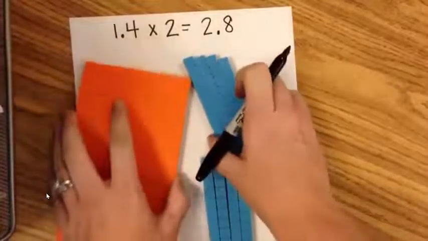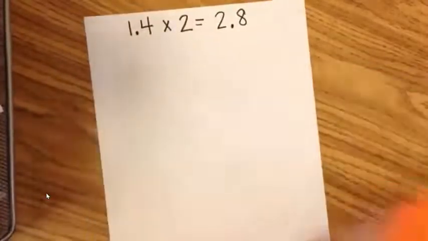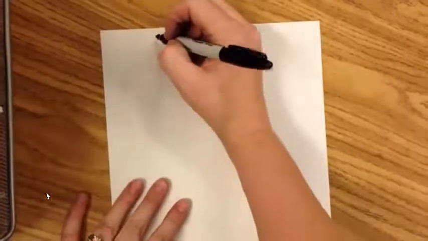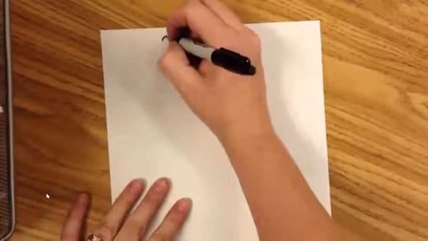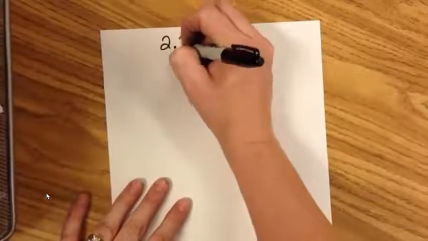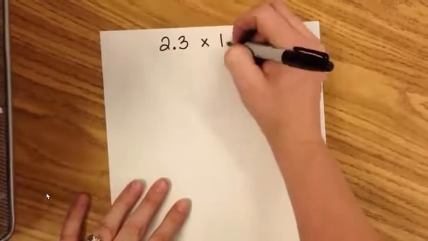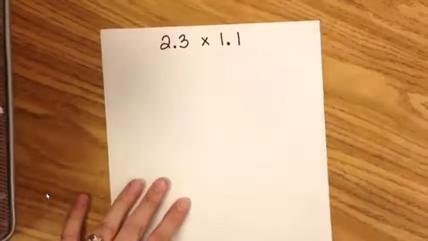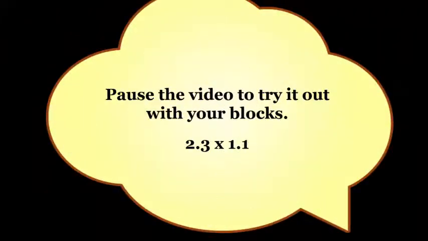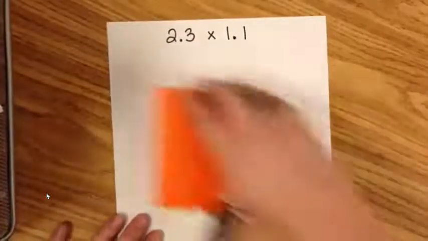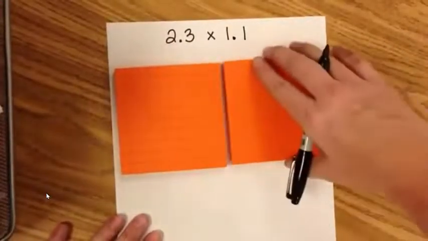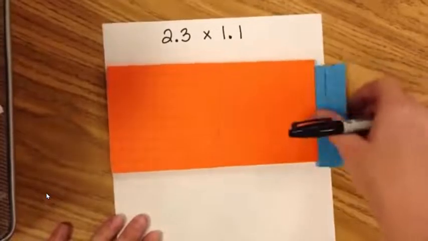We then started to discuss what would happen if both side lengths had a decimal number. So 2 3/10 times 1 1/10. Again, we needed to show 2 3/10.